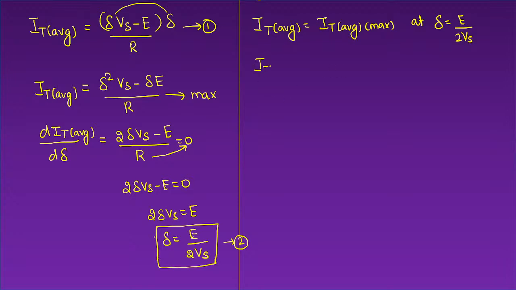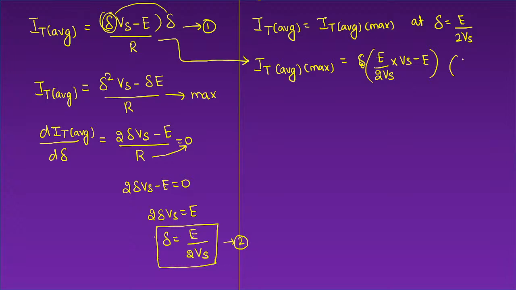So now I can write the maximum value of the thyristor average current will be equal to delta times, see this delta, now I am replacing by E by 2 Vs. So I can substitute E upon 2 Vs into Vs minus E, from equation number 1. Don't think too much, I'm just replacing this delta by E by 2 Vs into Vs minus E. Outside I'm having one more E upon 2 times Vs. So the whole divided by R.